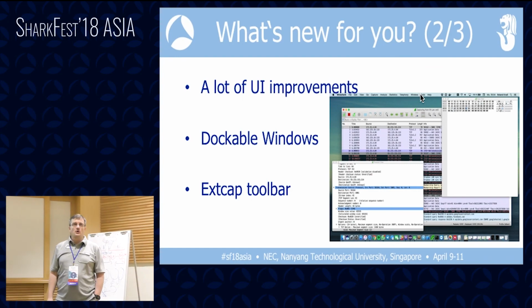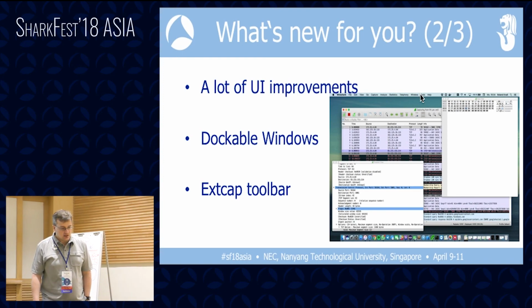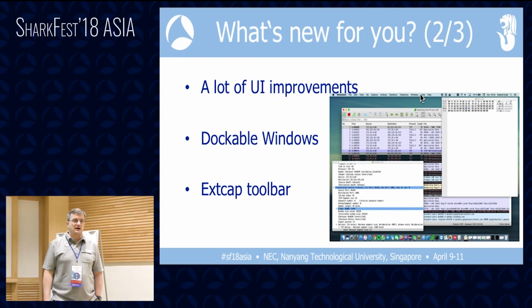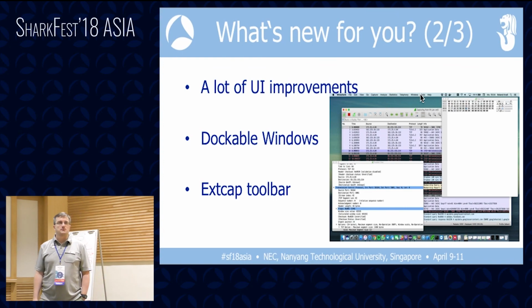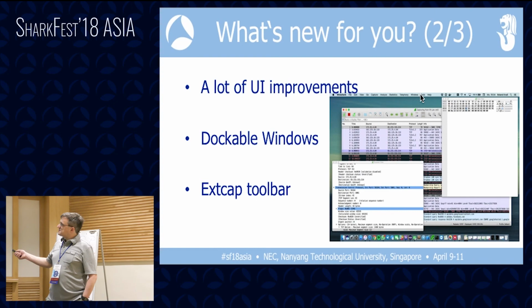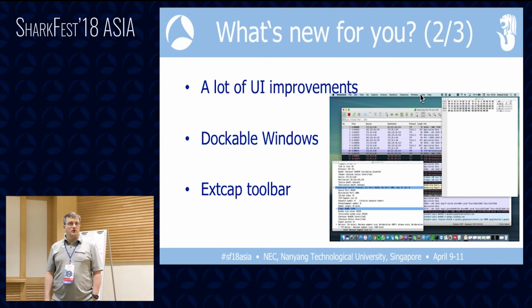One of the things we're also going to add is to see how many of our dialogs we can convert to dockable windows. So in the future, it might be possible to have the packet list, and instead of the byte view, have the protocol hierarchy in some way or form. Or you have the TCP stream, some other sequence window, whatever you want.